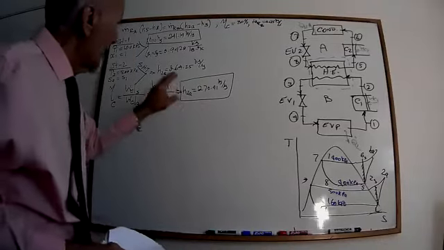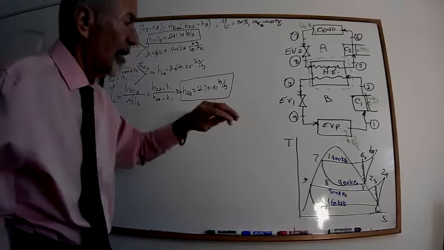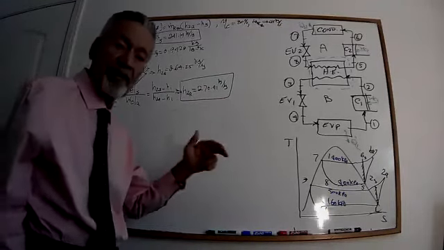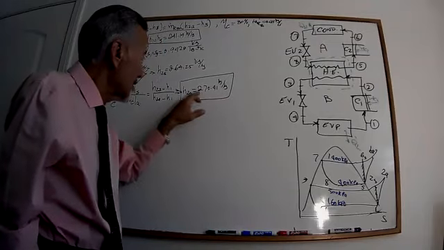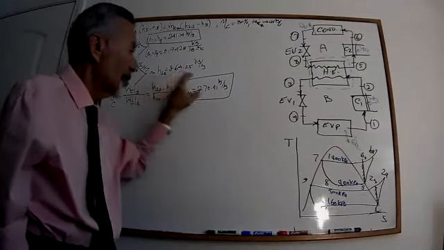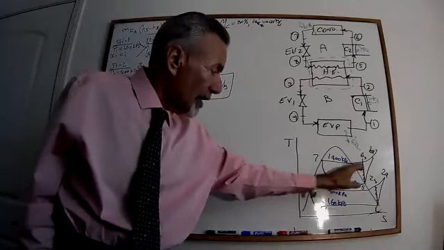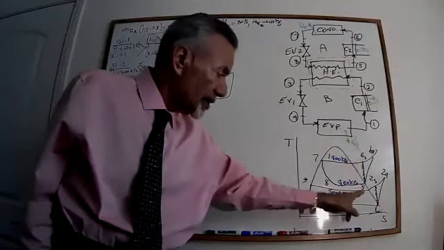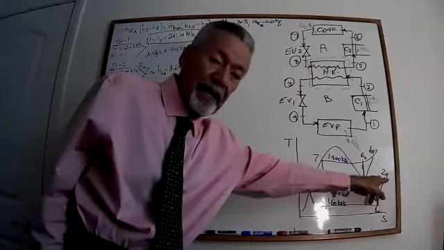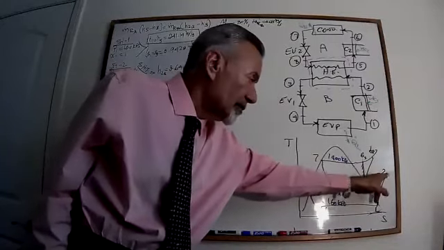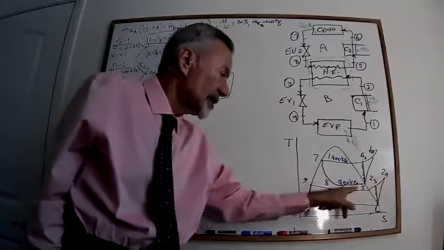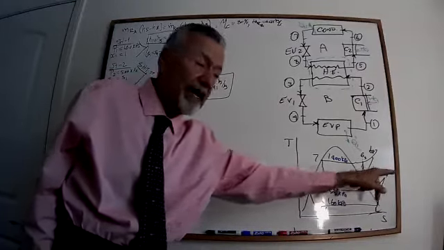Now, again, everything has to make common sense. At any given point, you can check your answer to see if you're on the right track. Look at this. H2A is 270. H2S is 264. Look at your TS diagram. 2S has a lower temperature than 2A. Obviously, 2A, because of the higher temperature, has to have a higher H value.